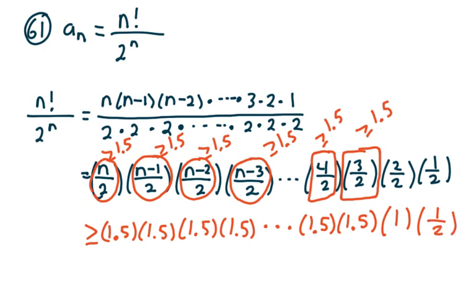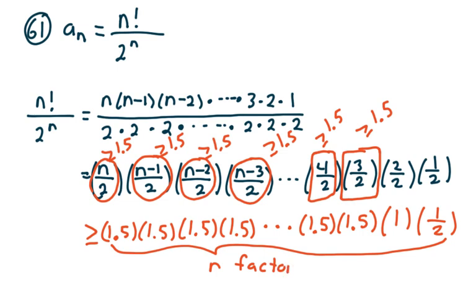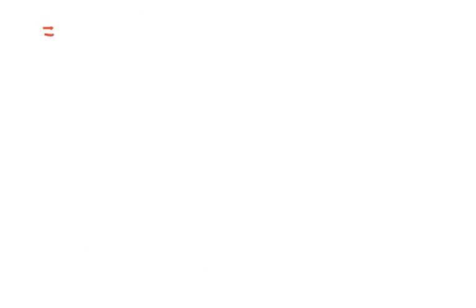Now, altogether, there's n factors. That's what we have altogether. But I'm going to remove the 1 and the 1/2 from that, right? And so what we have, I claim, is 1.5 to the n minus 2 times 1 times a half.